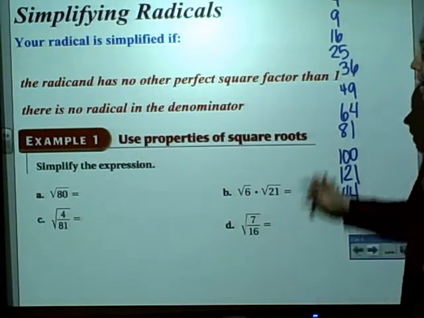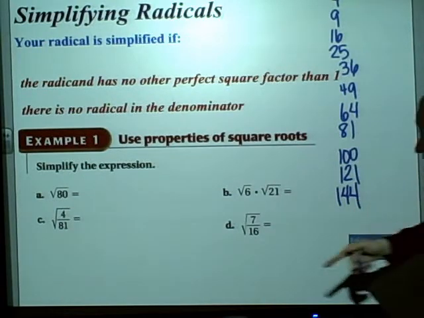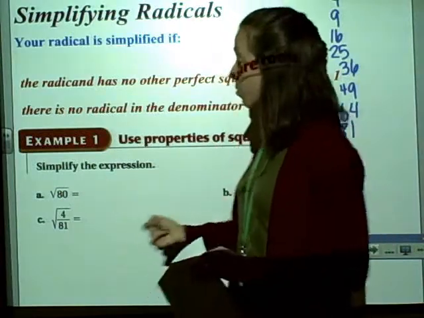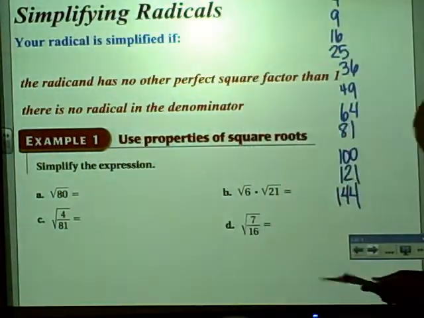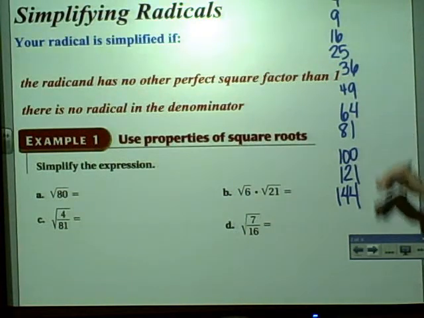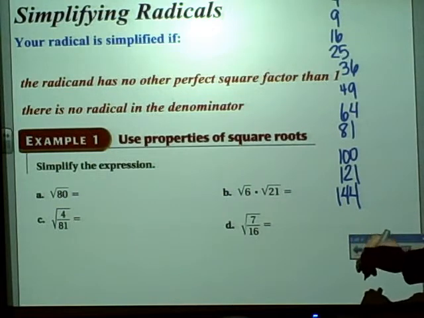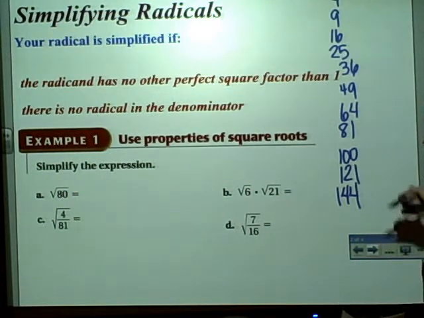If you have your perfect squares on the side of your paper, it's very easy to take something you're trying to simplify and check it. So for example, let's simplify radical 80. What I'm going to do is go down my list. I'm going to say, what is the biggest perfect square that 80 will divide into? So I might start with 4.